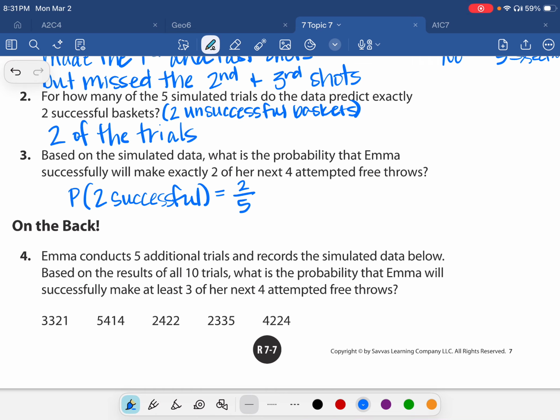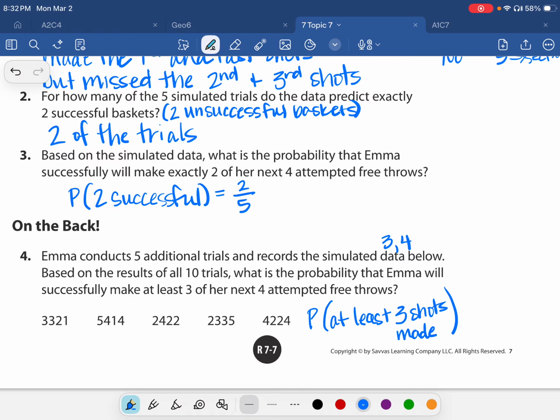So we are looking at the probability of at least 3 shots made. Okay, so at least 3 means that she has 3 made or 4. So we want to look at how often she is going to make 3 or 4 shots.